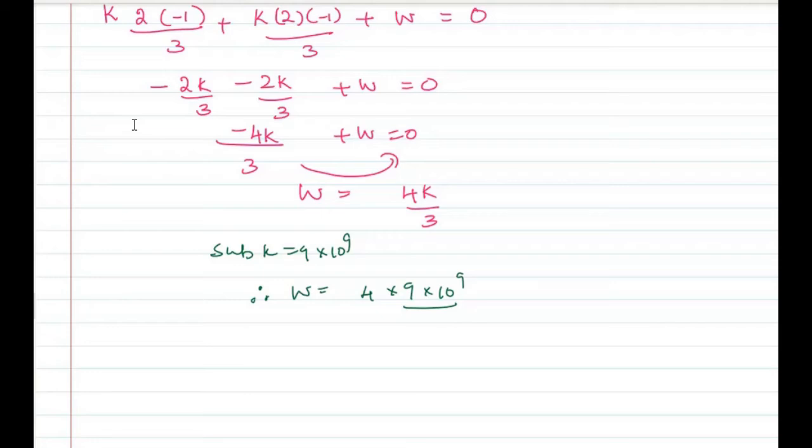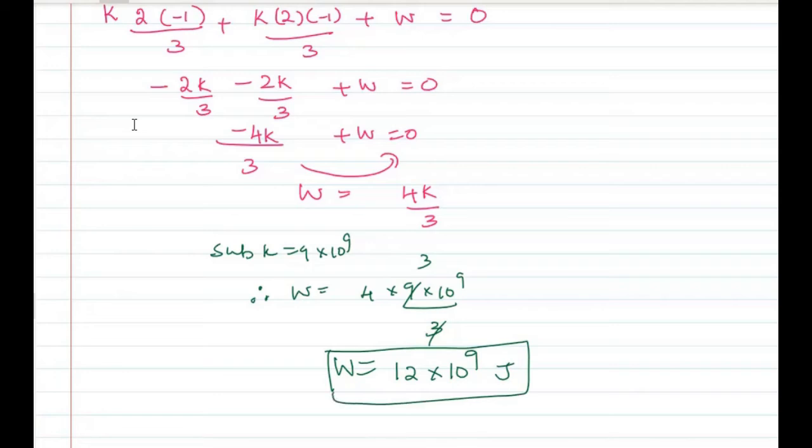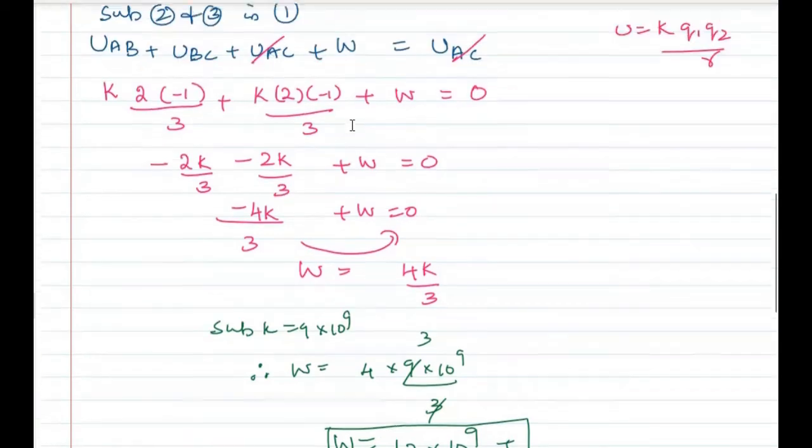Then what will be the answer? We can cancel this, so we'll get 4 into 3, 12 into 10 to the power of 9 joules. So the initial energy of the system, plus the work done, will give you the final energy of the system.